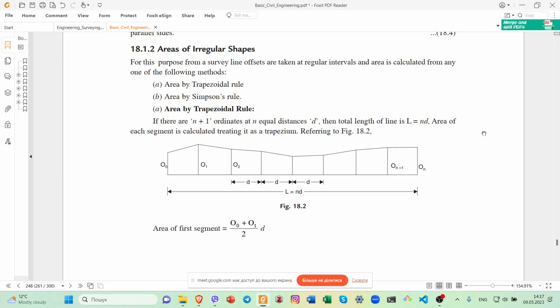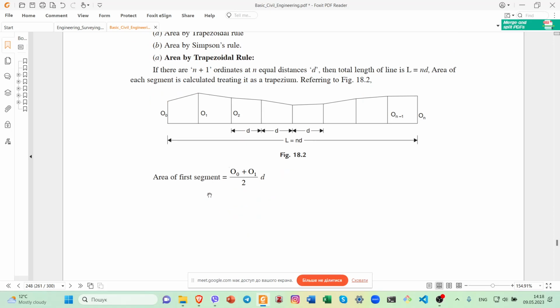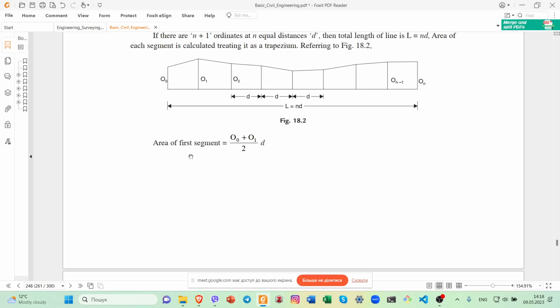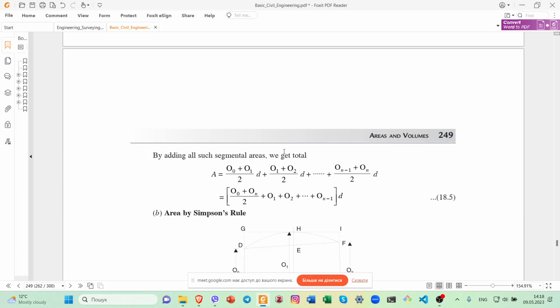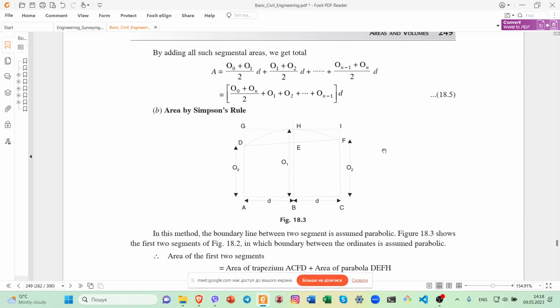Area of each segment is calculated treating it as a trapezium. Referring to this figure, you can see the formula. Area of the first segment is (O plus O1) divided by 2, times d. Finally, by adding all such segment areas, we get the total area.